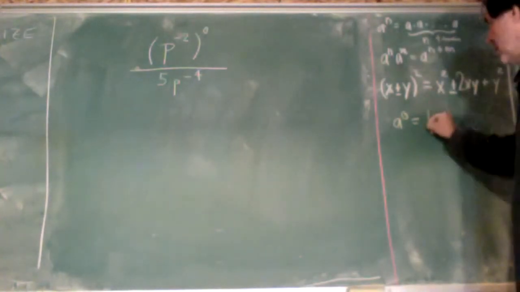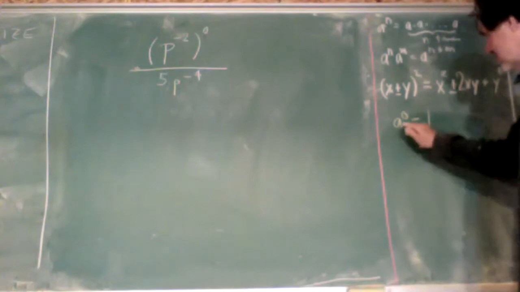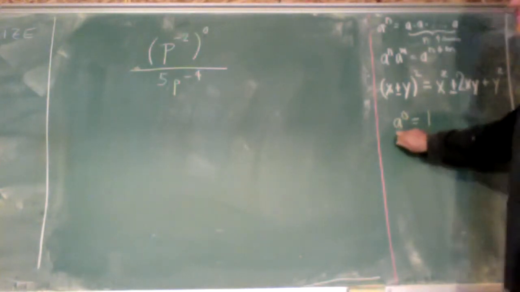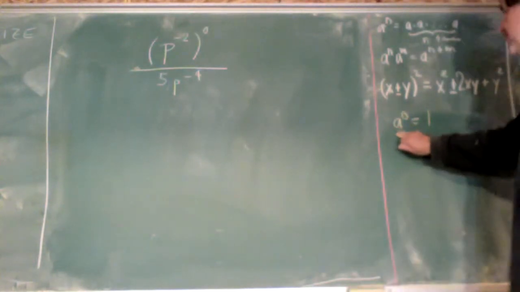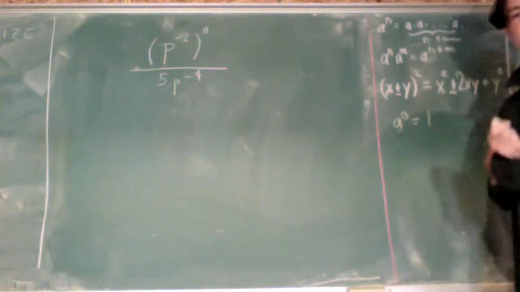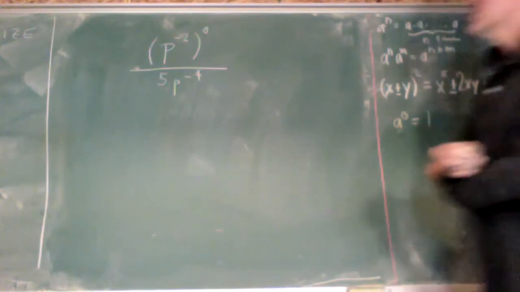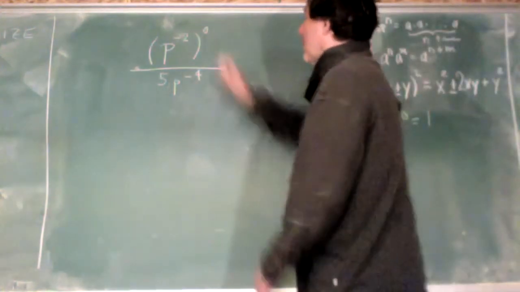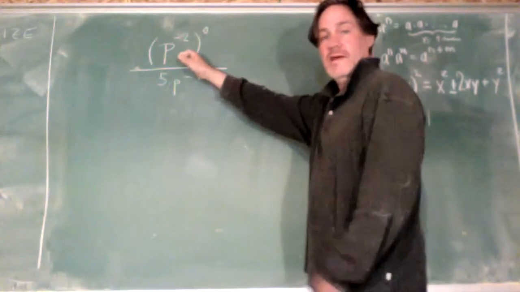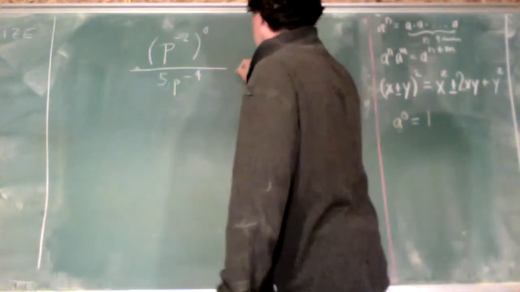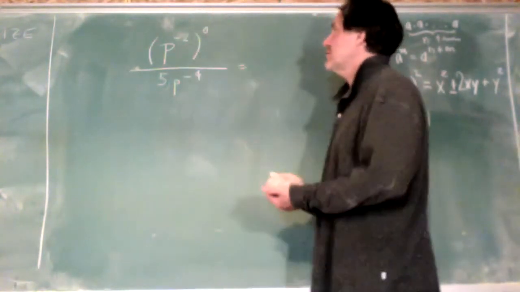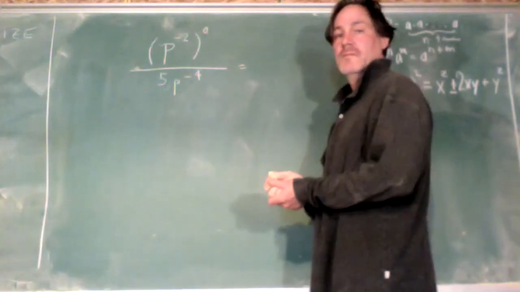Universally, that's 1. It doesn't matter what the base is, as long as the base is a legitimate base. Any such base to the 0th power is always equal to 1. So not caring what's inside, we simply know that anything like that to the 0th is 1.